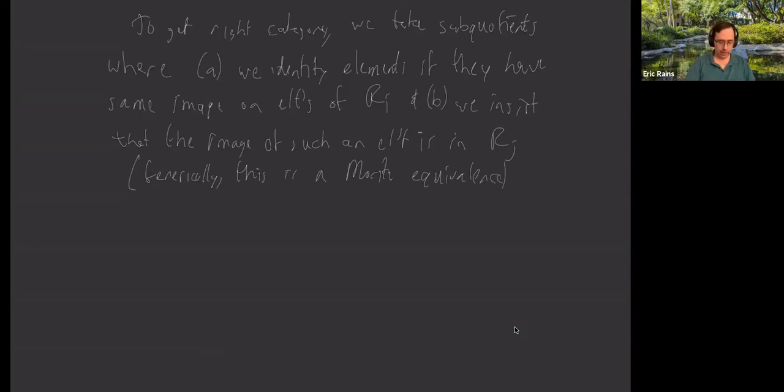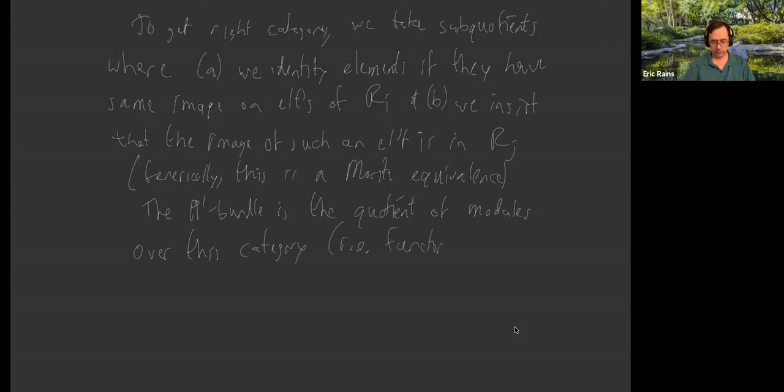Okay. And so the P1 bundle is the quotient of modules over this category, i.e. functors to modules over your base ring, or base field if you prefer, by bounded above modules.